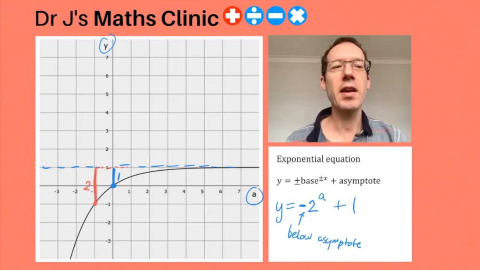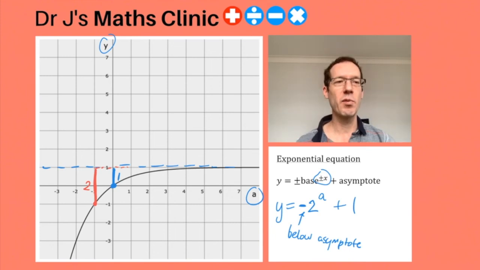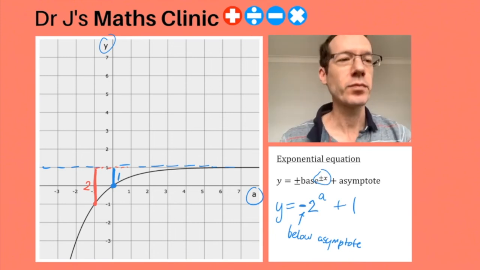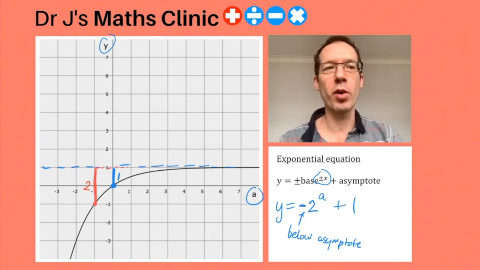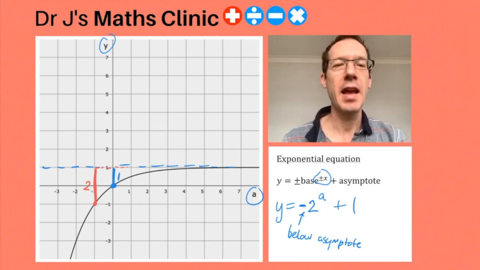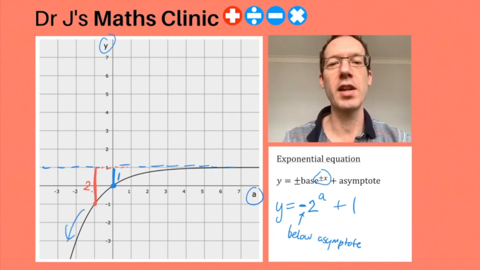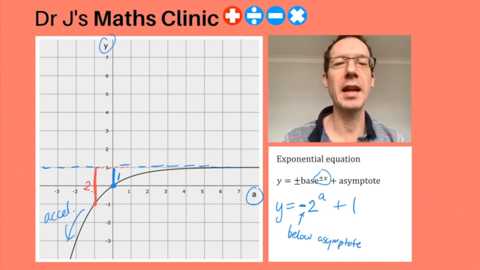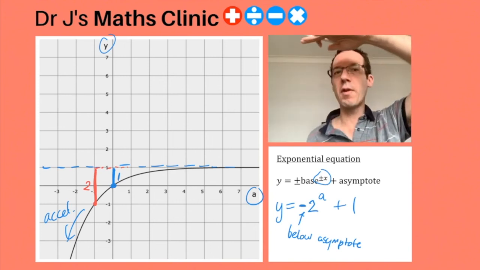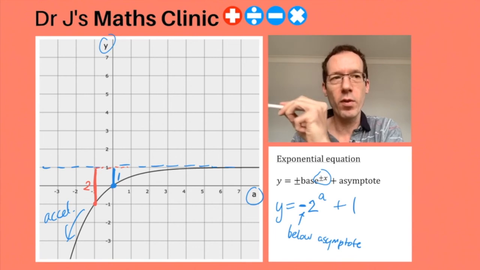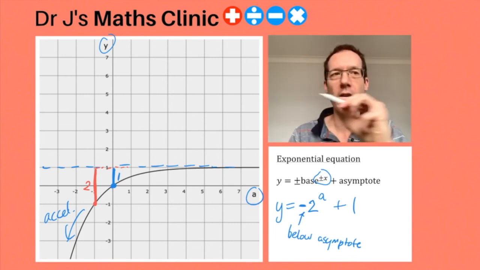Now the other place where I could put a minus in is up here with the power, and we haven't dealt with one of those yet. The situation where you put a minus there is if it accelerates on the left. Now we've got this acceleration on the left here. That's where it's going further and further from the asymptote. In the typical basic growth curve, the one that goes like this, it accelerates to the right.